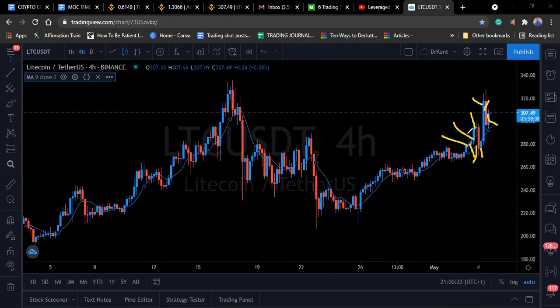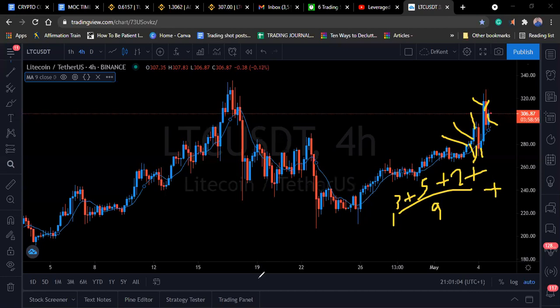So the closing points of these 9 candles, we add all of them together and divide by 9, just like finding a simple average in school. If they say find the simple average of 9 numbers, they give you the numbers, you add all of them together, then divide by 9. It now gives you the moving average at that period.